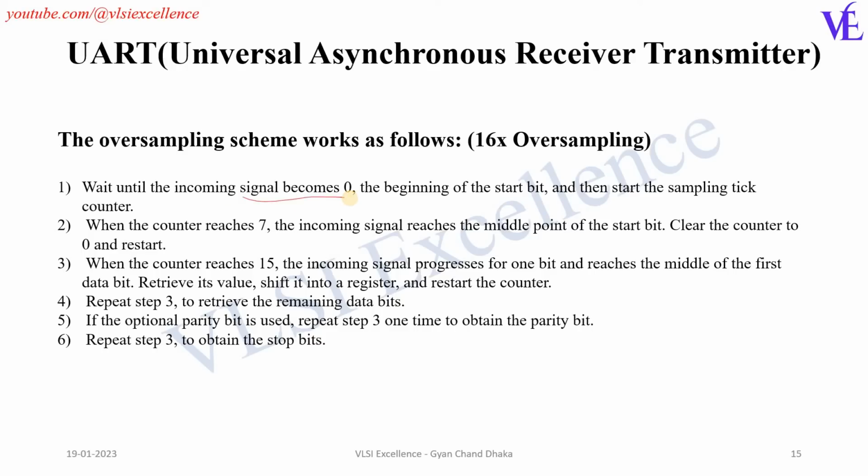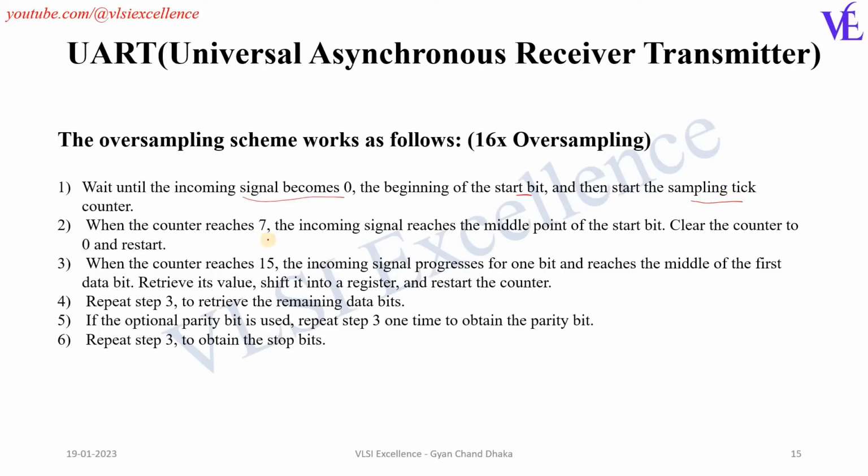That is what the start condition is. So the UART receiver is going to sample the RX line until it receives a 0, which is the beginning of the start bit, and then it starts its sampling tick counter. Once it detects 0, it will start its counter.